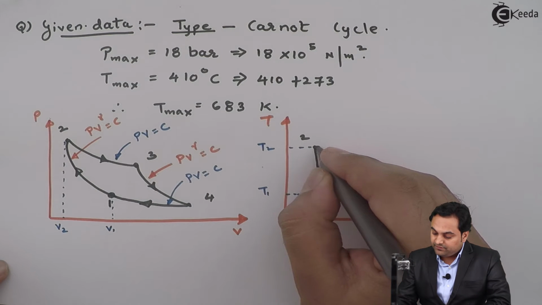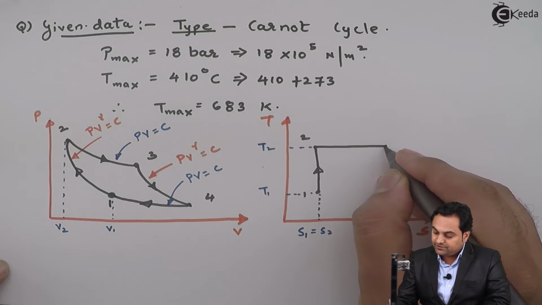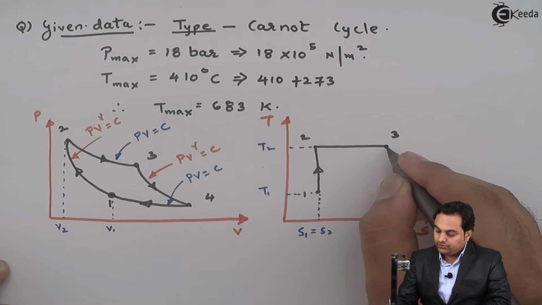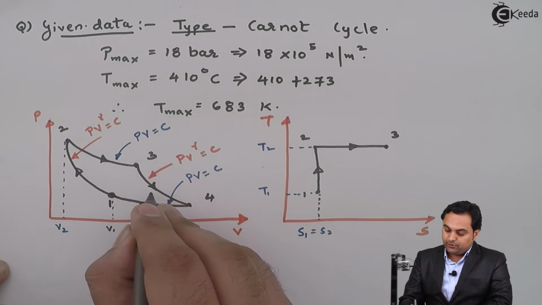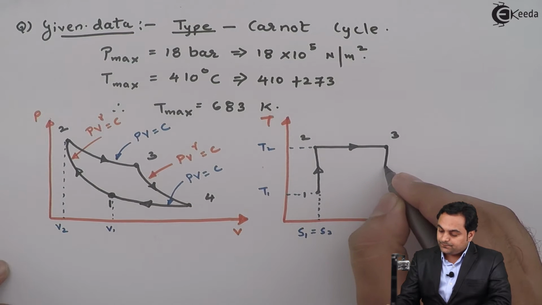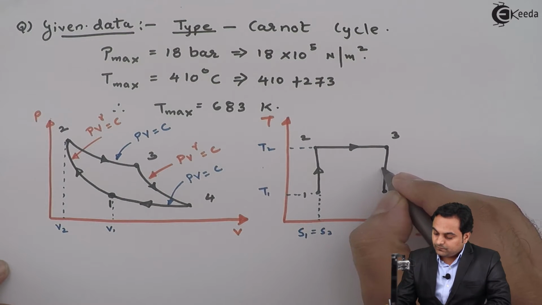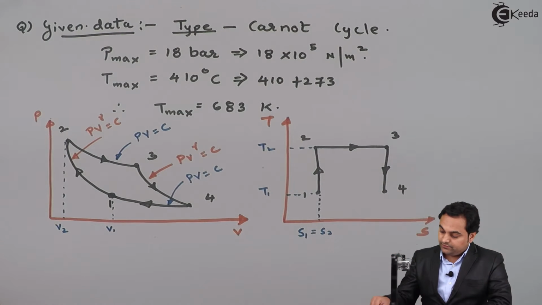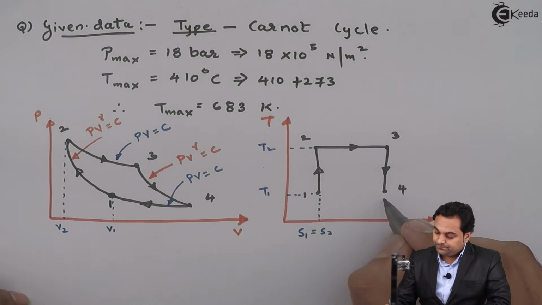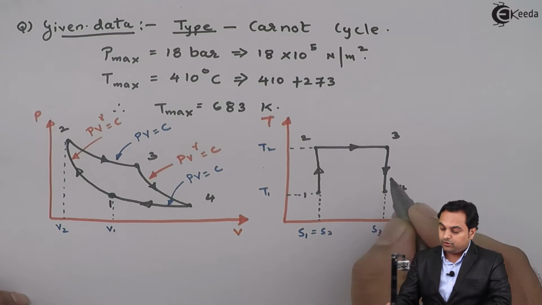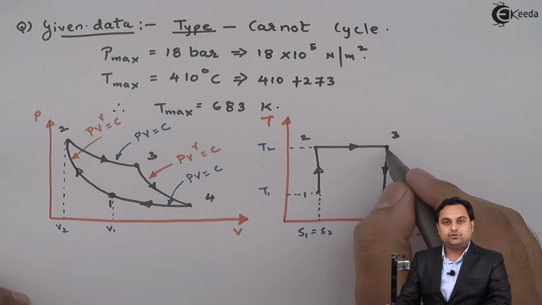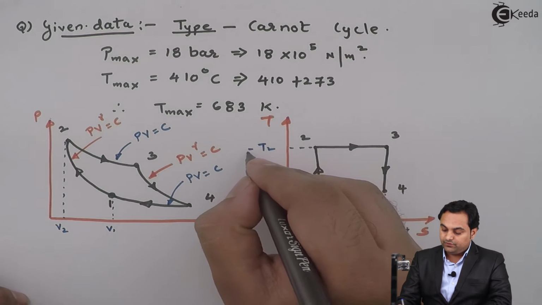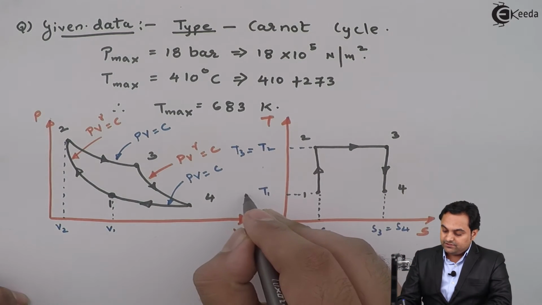So isothermal means there is constant temperature heat addition from T2 to T3, and then there is again isentropic expansion. Isentropic expansion is shown by a vertical straight line, wherein the entropy remains constant, S3 is equal to S4, and there is drop in temperature, that is temperature drops from T3 to T4. So T2 is equal to T3 and T1 is equal to T4.